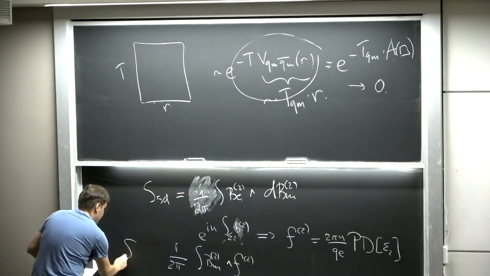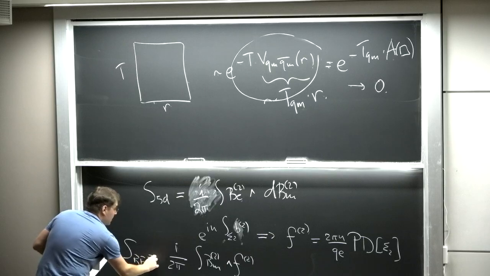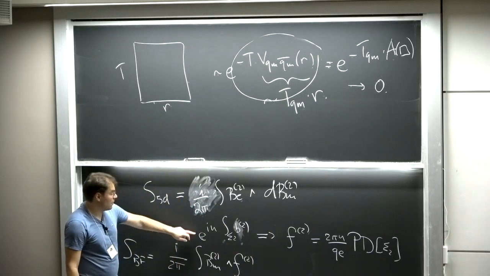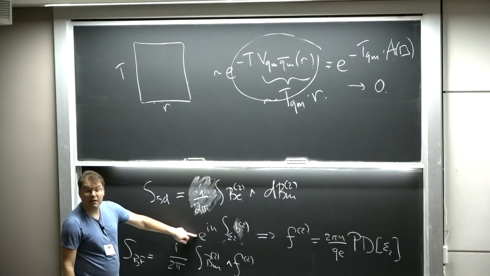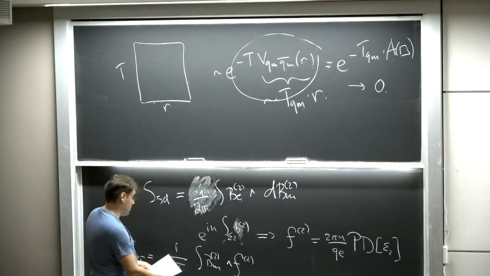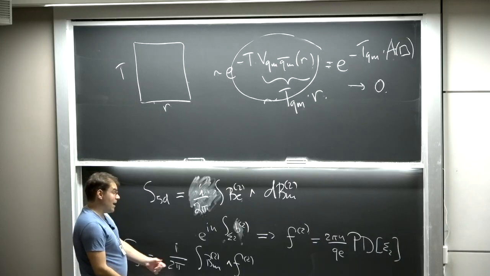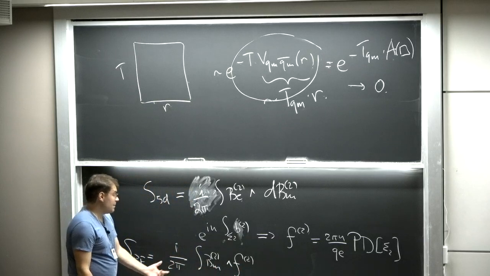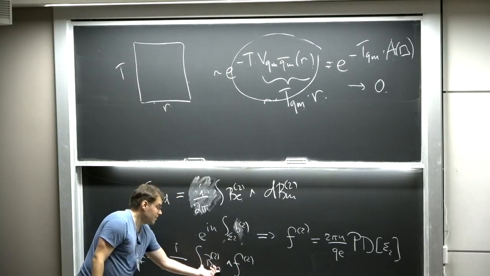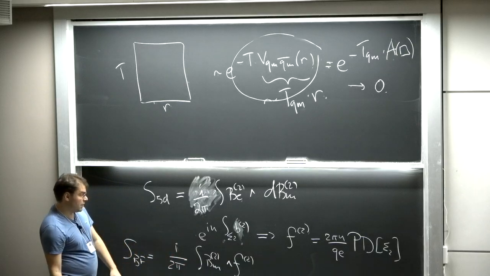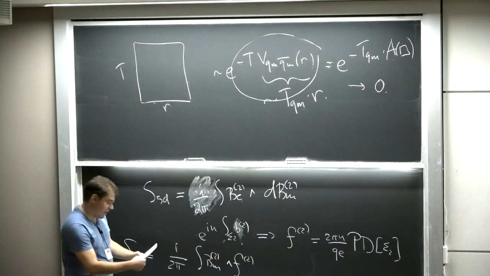This is S_BF. And when I plug in this solution for F in the presence of a vortex created by the B surface, what do I get? So F lives on the Poincare dual cycle to sigma, and that means I'm actually going to get a term involving the B field integrated over sigma with coefficient n over Q_E.